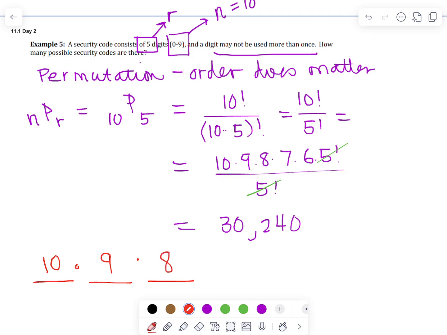So now you have 8 choices left. That digit has been chosen. Now you have 7 choices left for that digit. And then in the last one, you have 6 choices. So that's the fundamental counting principle if you'd like to do that instead. And then you would just multiply, and you will get the same number, 30,240.